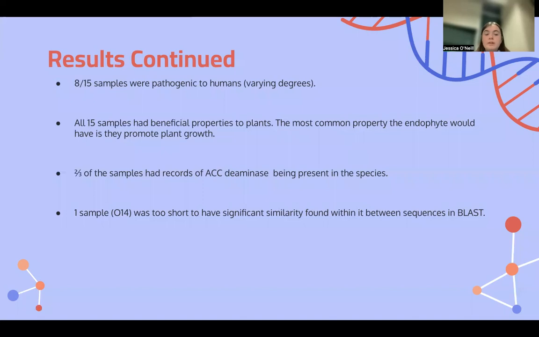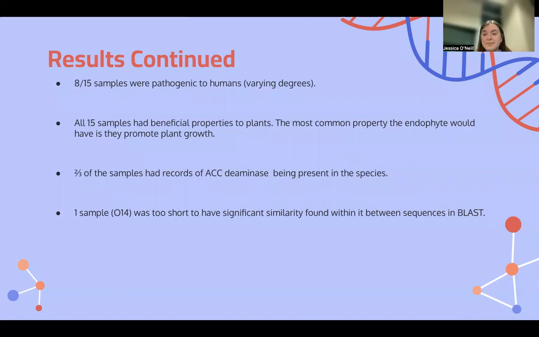In addition, 10 out of 15 of the samples, or 2/3 of the samples that I cultured, had records of ACC deaminase being present within their species. This is why the most common property was promotion of plant growth, because ACC deaminase, which was found in most of the species that I found via BLAST, promotes plant growth itself.